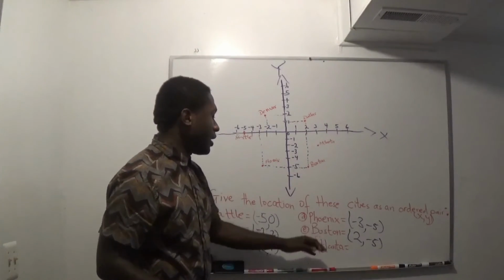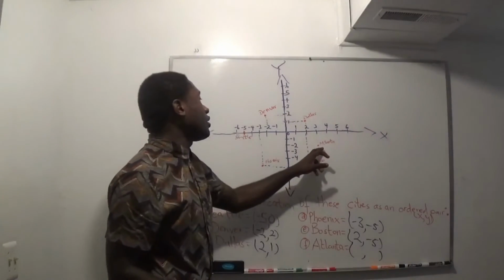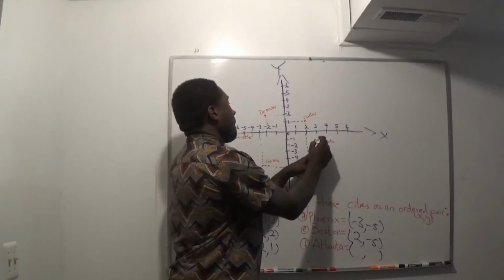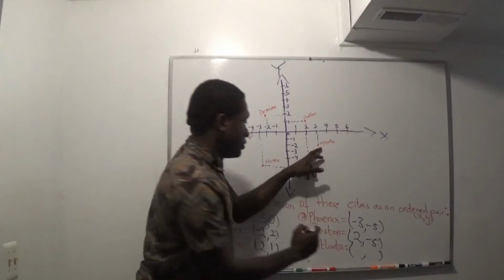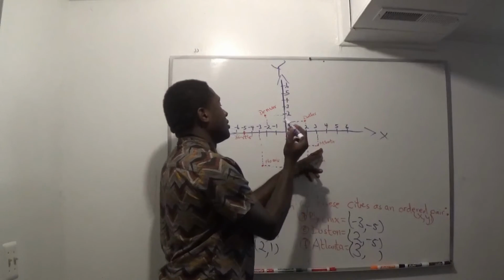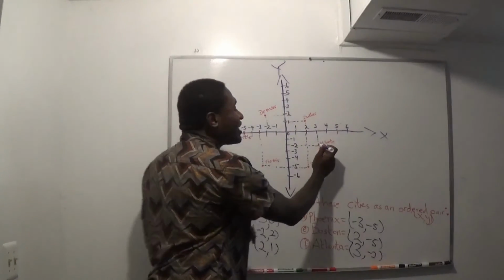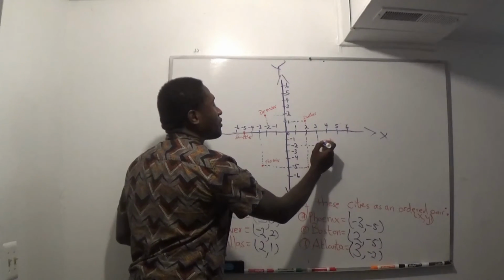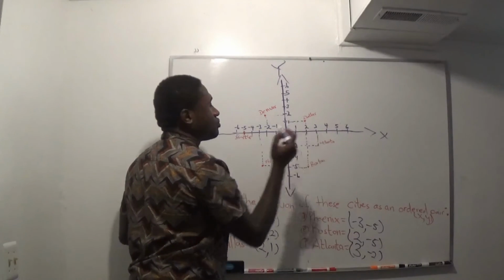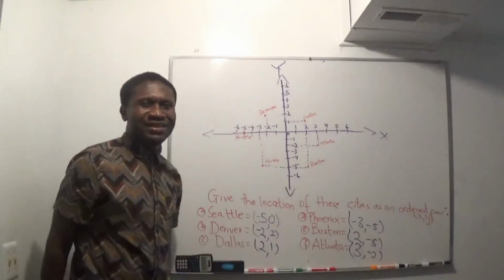So Atlanta, right? Again, we should have X and Y for the ordered pair. So for Atlanta, our X is 3. So we have our 3. And the Y is -2. So this point, we say is (3, -2). And that's it. I know you got this.